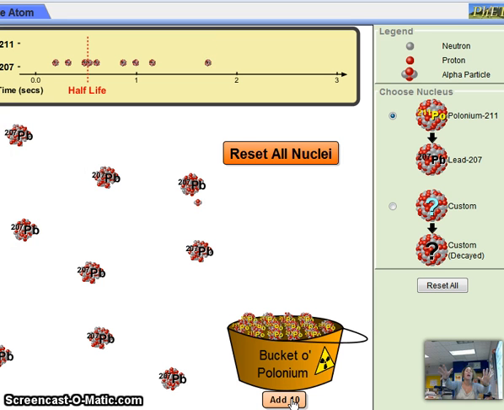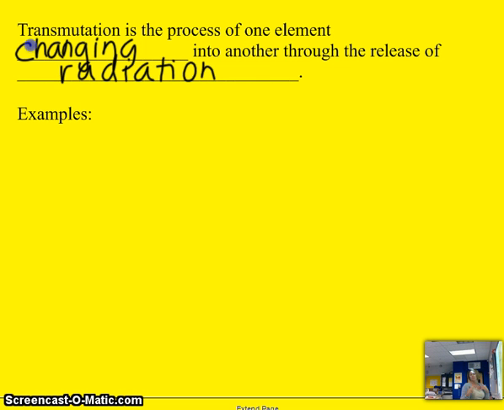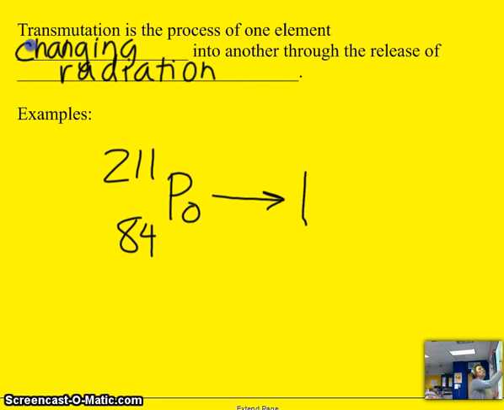When you spew radiation and you turn into a new element, we actually call that transmutation. So it's the process of one element changing into another through the release of radiation. And I'll give the example that you just saw on the screen. So we had polonium-211, and polonium is atomic number 84. And it spewed out an alpha particle. Don't worry about this.